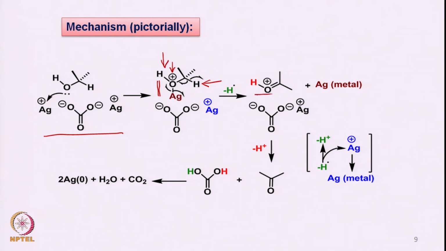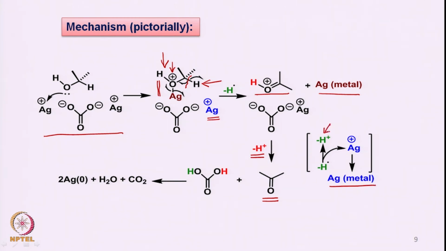So you have silver metal formed here, this oxonium ion that is formed here, and that then loses a proton to form the corresponding carbonyl group. The homolytic cleavage that has taken place here leads to the formation of a hydrogen radical, and this hydrogen radical then donates an electron to the silver here, forming silver metal and of course a proton which is here.